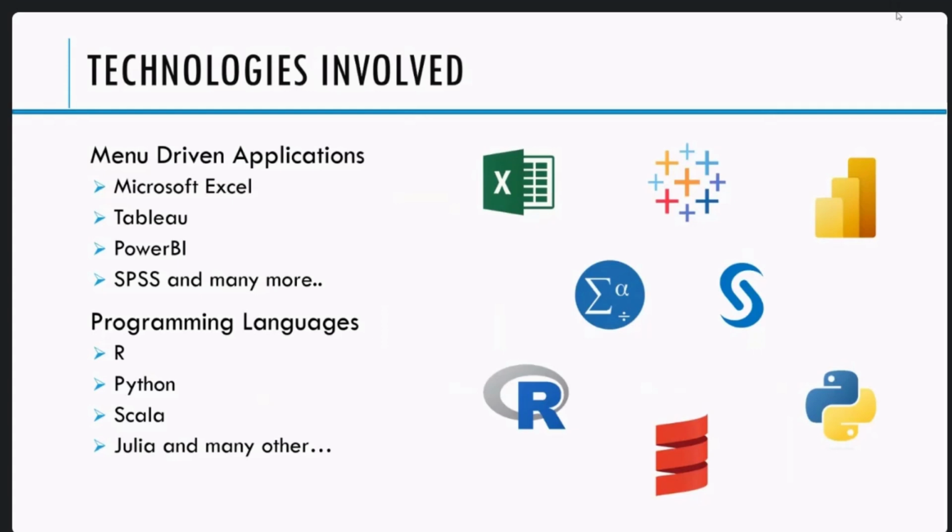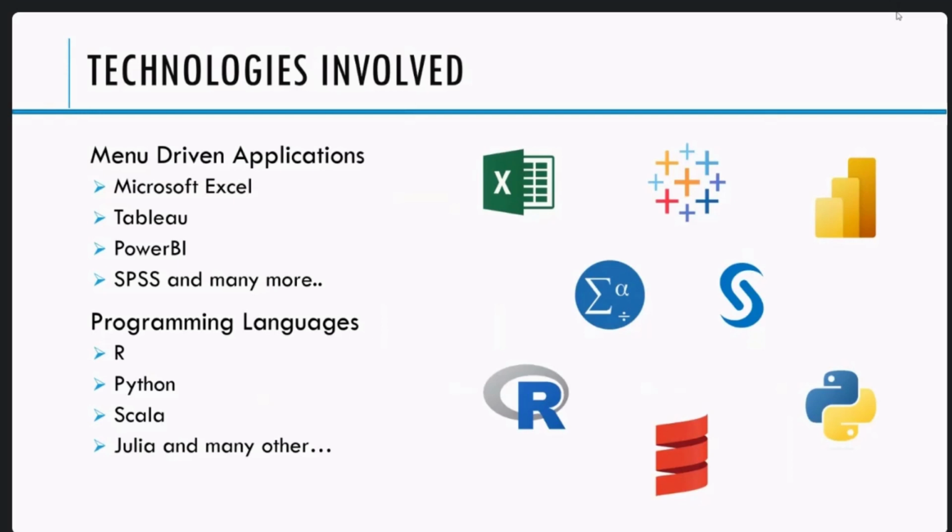I have grouped the technologies into two basic parts. One type is menu-driven technologies, the other type is programming languages. What do you mean by menu-driven technologies? The technologies which involve menus and clicks. You click on the menu and the analysis will be made.